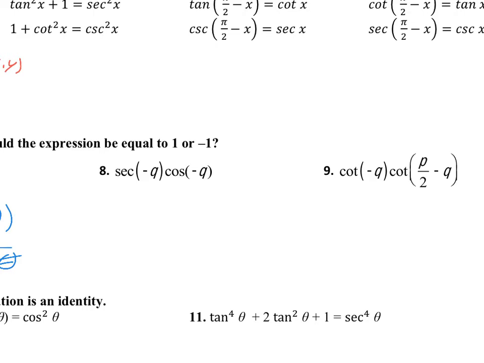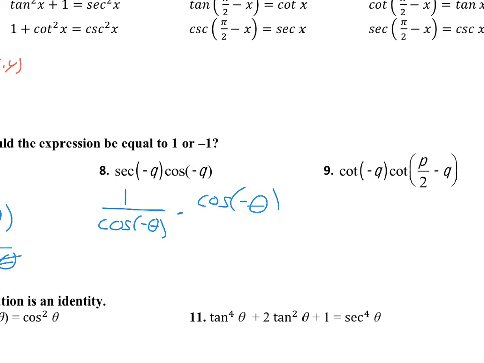Okay, for number 8, let's change this to 1 over cosine of negative theta times cosine of negative theta. We could already tell from there that this is going to equal 1, but let's practice our negative trig identity.